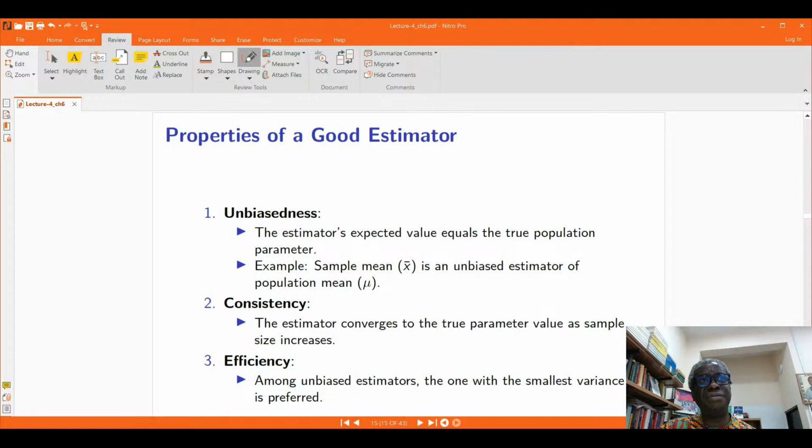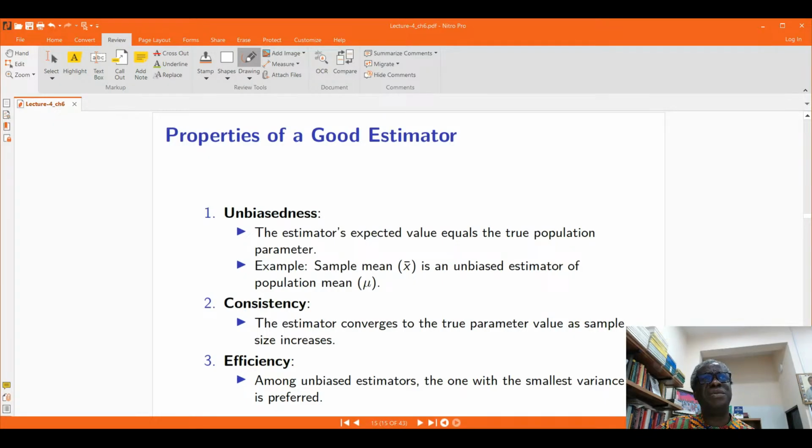So you use the mean, you use the median, you use the mode. The three of them are measures of averages. But are they all good estimators?